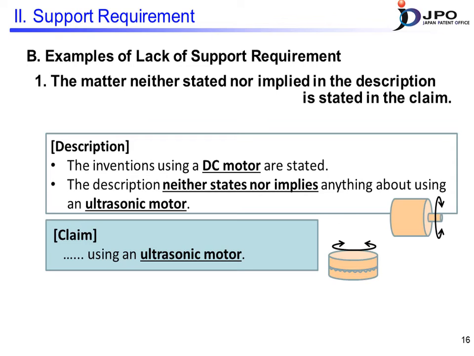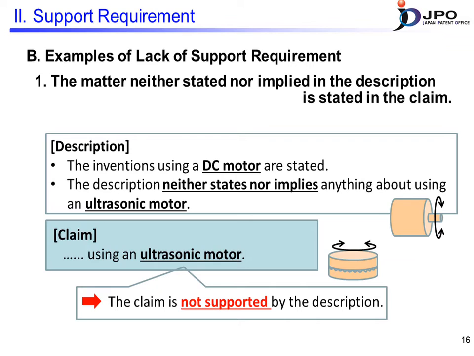In the description, an invention using a DC motor is stated. In the description, the use of an ultrasonic motor is not stated or implied. On the other hand, the claim recites the use of an ultrasonic motor. In this case, the claim is not supported by the description.